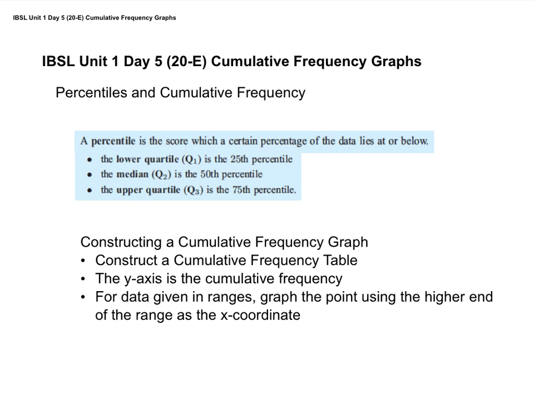We had mentioned percentiles before, okay? The quartiles are the 25th, the 50th, and the 75th percentile. We could even say that the max would be what percentile? The 100th percentile, okay?